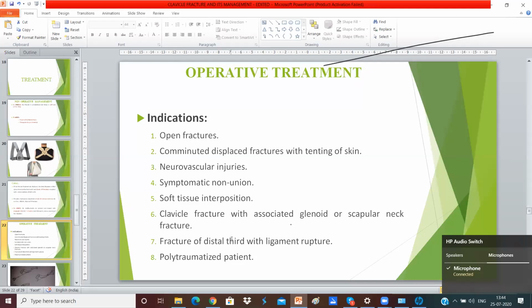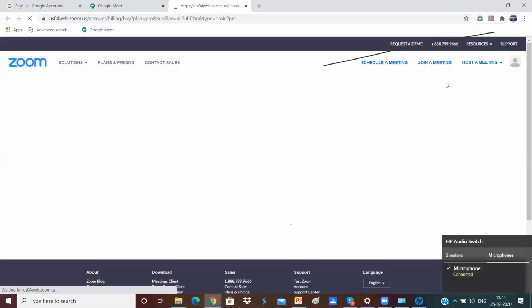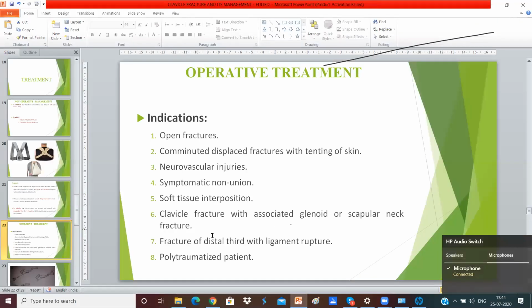Fracture of the distal one-third, ligament injuries, and polytrauma patients, yes, we need to go for it. That is how one should go for the operative treatment; these are the indications I have mentioned.